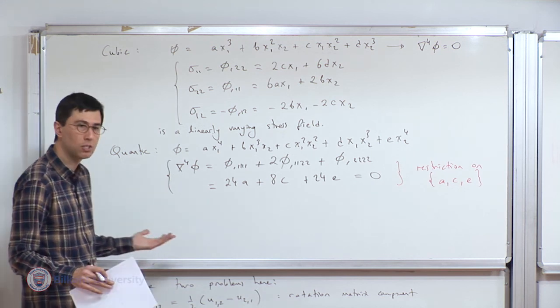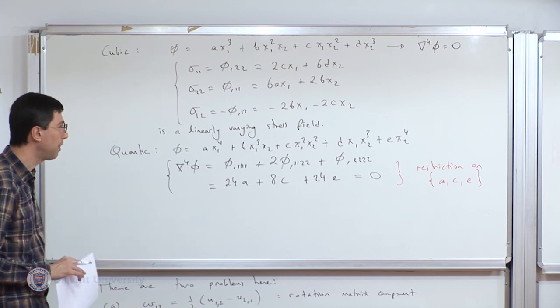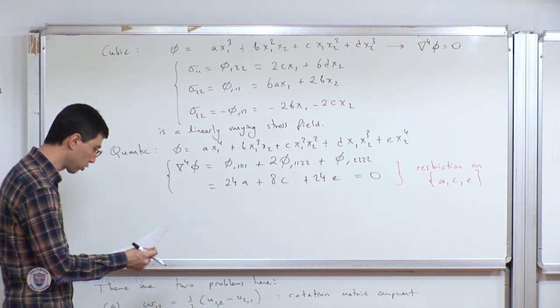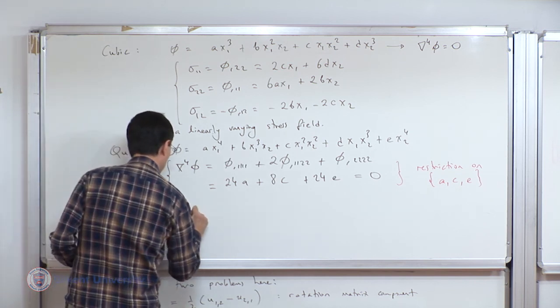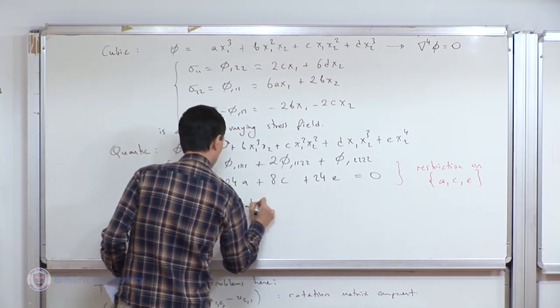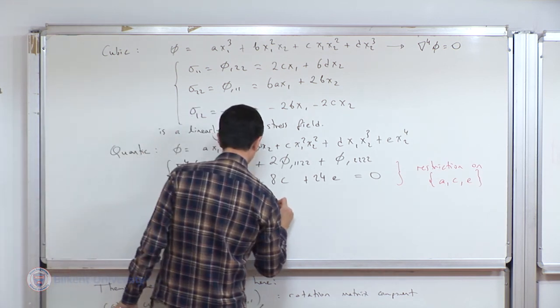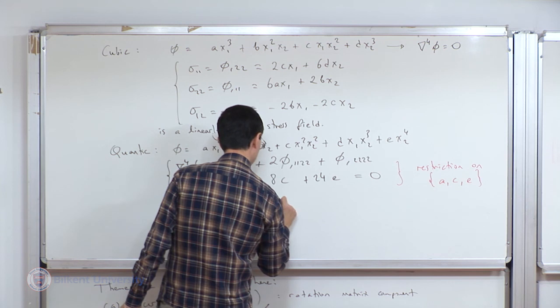So it doesn't make sense. I always need to have a physical displacement field. And that's why I need to satisfy this restriction. And in this case, if you calculate sigma alpha beta, you will have, of course, an order that is 2 orders less. So this is quartic, so the stress field will be quadratic.